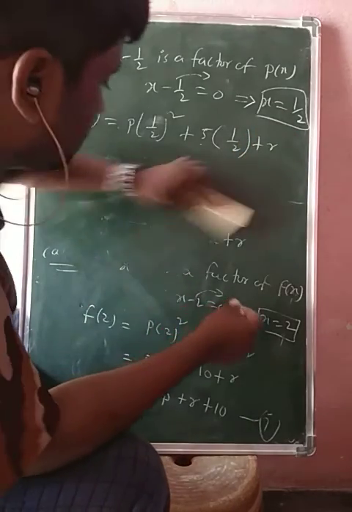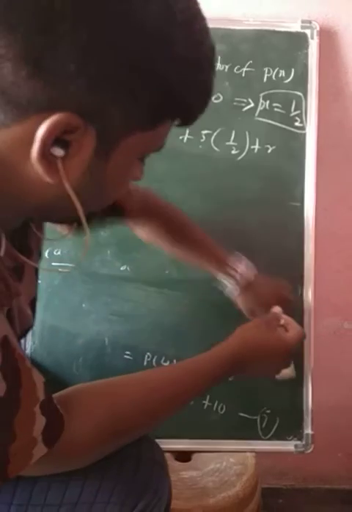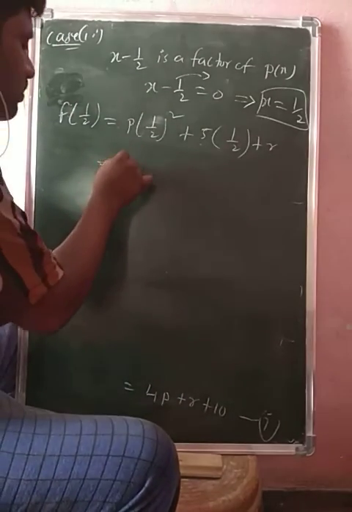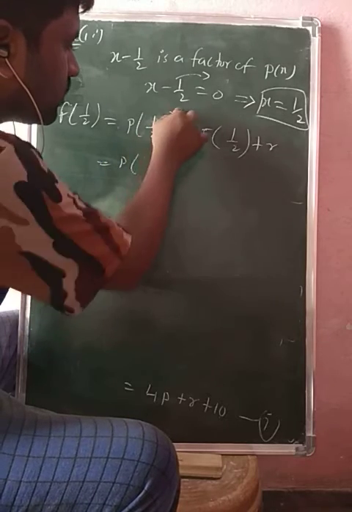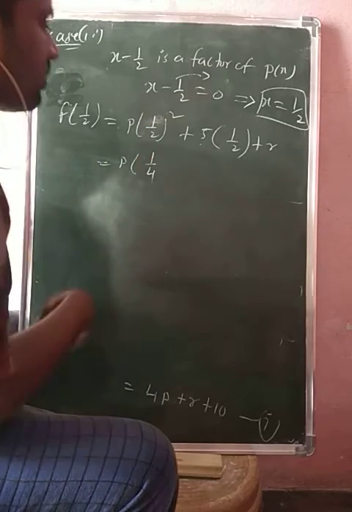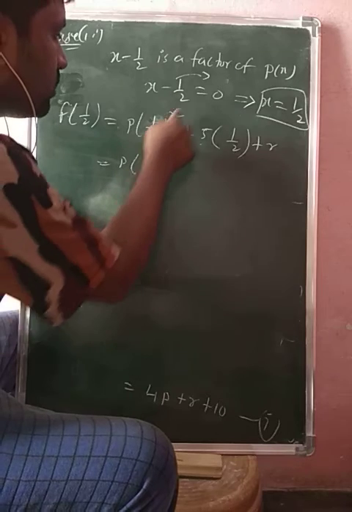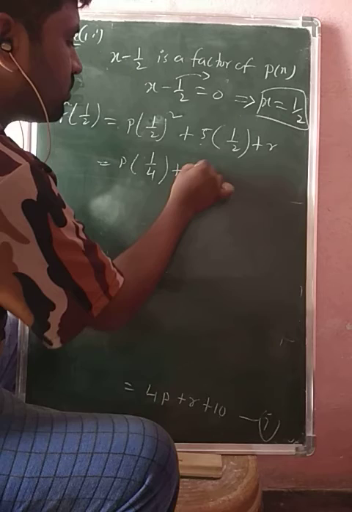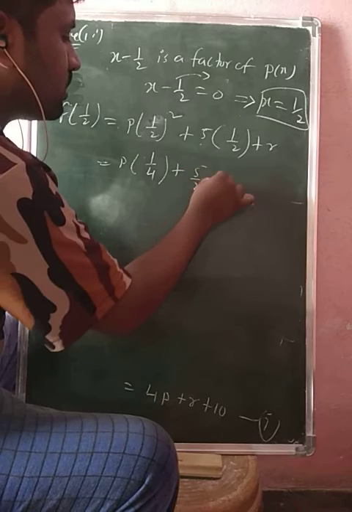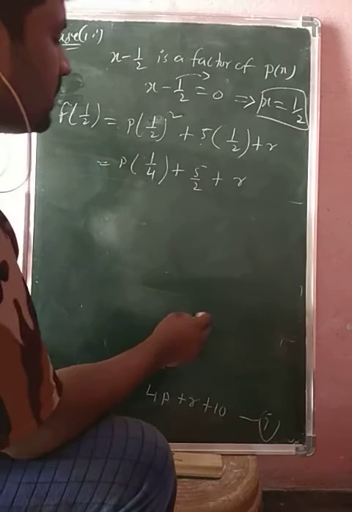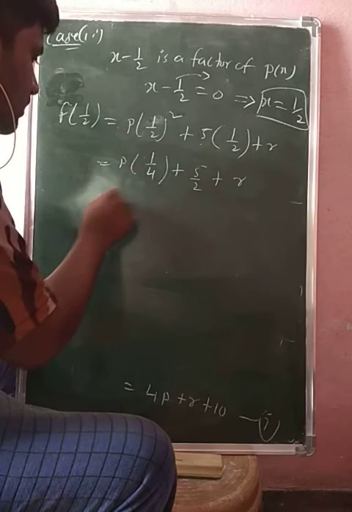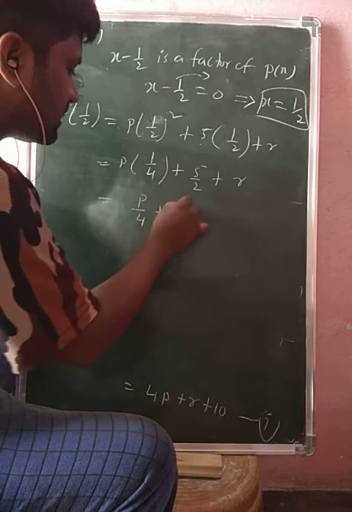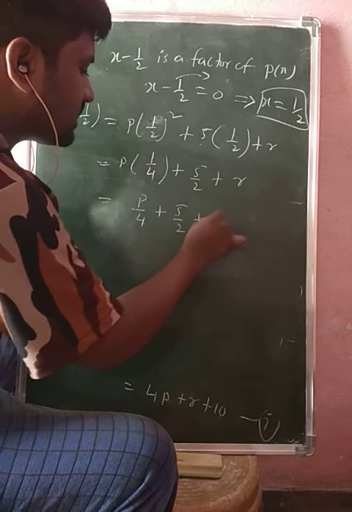Now p of 1 by 2 whole square means 1 by 4. 1 square is 1, 2 whole square is 4, plus 5 of 1 by 2, that is 5 by 2, plus r. Now p into 1, that is p by 4 plus 5 by 2 plus r.